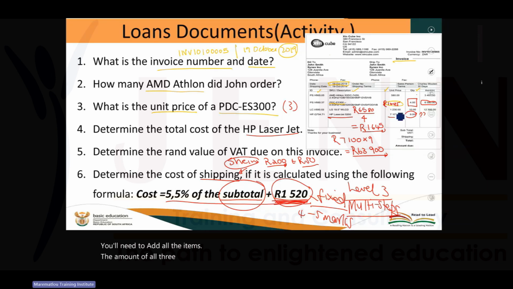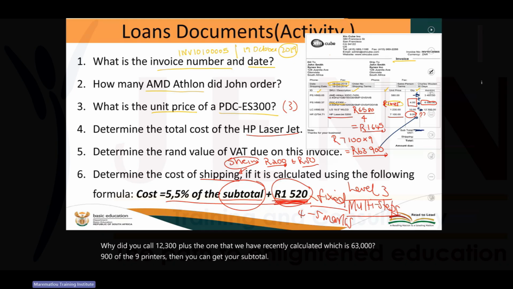So you are going to take 3,480 plus 6,580 plus, there are 4 items there, 12,300 plus the one that we have recently calculated, which is 63,900 for the 9 printers. Then you can get your subtotal.